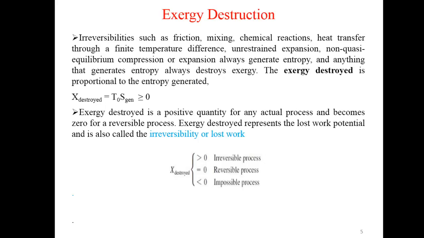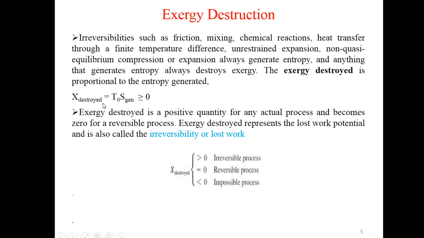Next is exergy destruction. Irreversibilities such as friction, mixing, chemical reaction, heat transfer through a finite temperature difference, unrestrained expansion, non-quasi-static compression, or expansion always generate entropy, and anything that generates entropy always destroys exergy. The exergy destroyed is proportional to the entropy generated.